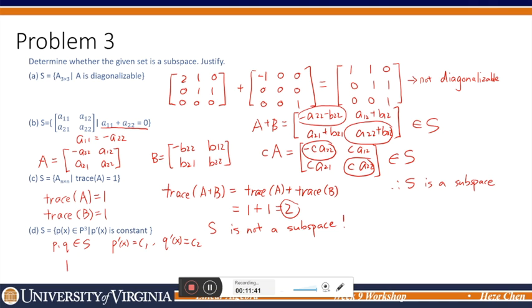We can show that P plus Q has a first derivative equal to P prime of x plus Q prime of x, according to the polynomial properties. Since P prime of x is equal to C1 and Q prime of x is equal to C2, the first derivative of P plus Q is equal to C1 plus C2, which is a constant. So it's closed under addition.